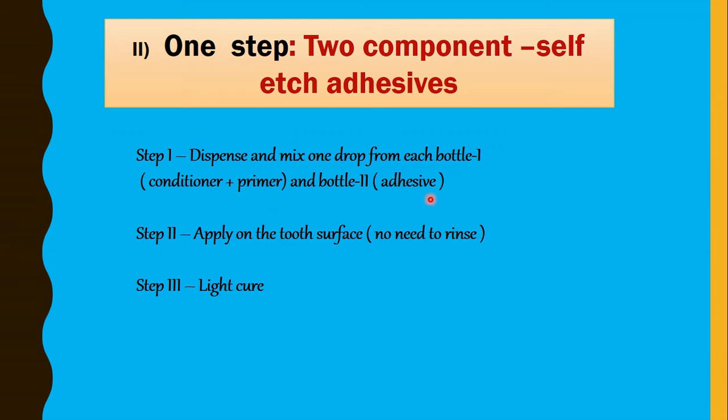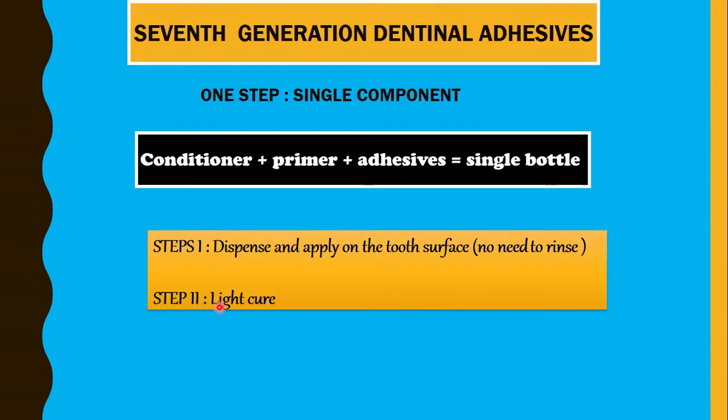Both of these components are mixed freshly and applied onto the tooth surface, and there's no need to rinse, and we can light cure it. In the 7th generation, we have a single component conditioner, primer, adhesive in a single bottle. So dispense it and apply on the tooth surface. No need to rinse, and we can light cure it.